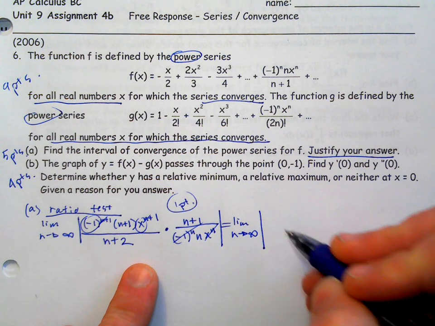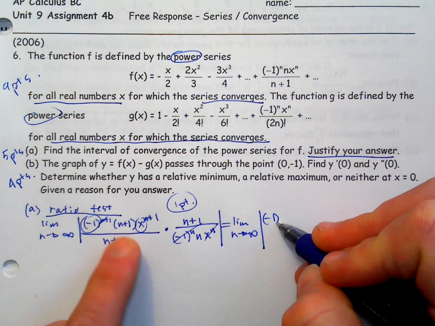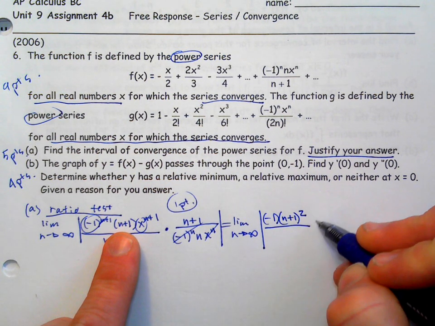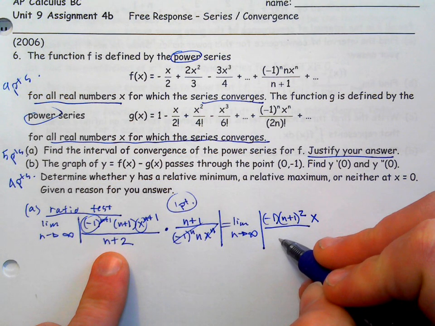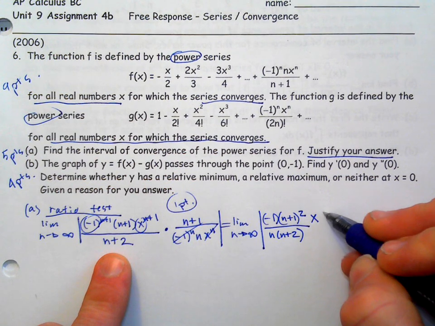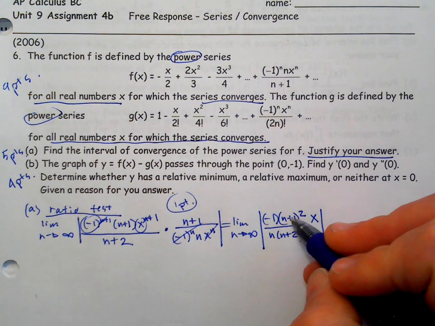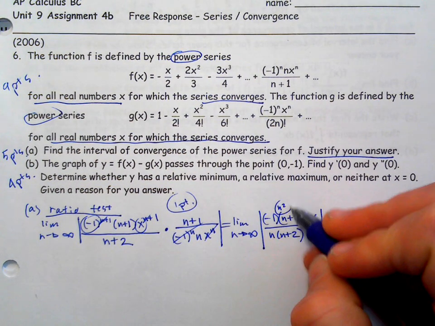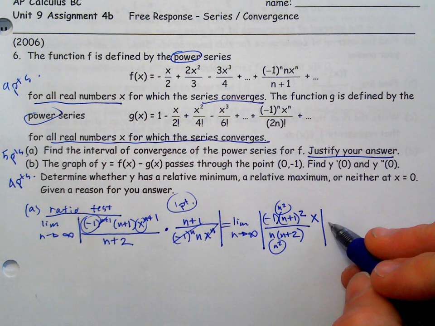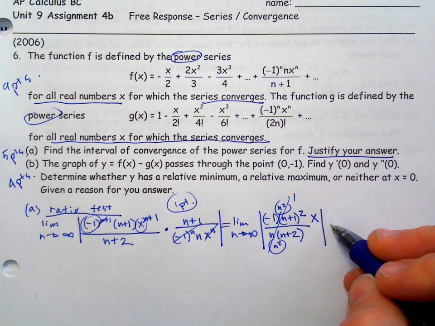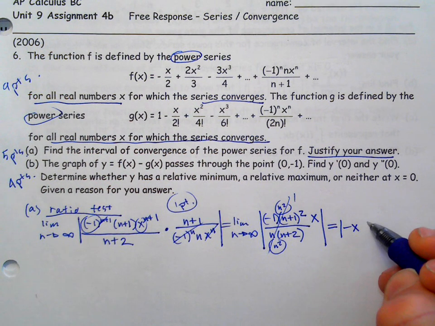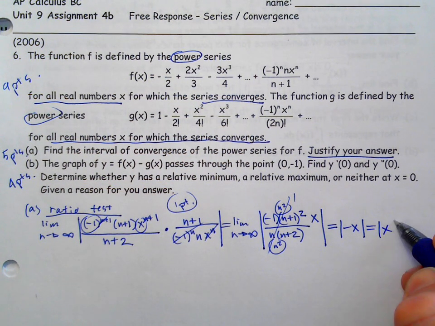We have a negative 1, an n plus 1 squared, and an x, and on the bottom we have an n and an n plus 2. Now we're going to take the limit. The dominant terms on the top are going to be n squared, and on the bottom n squared, and it's going to go to 1. And so the absolute value of negative x is the same as the absolute value of x, right?